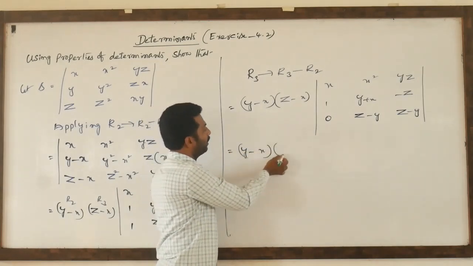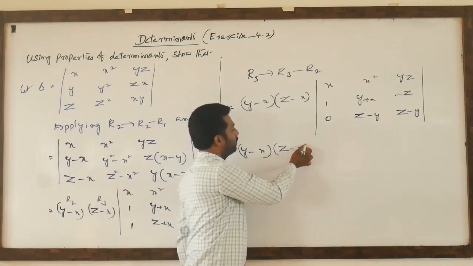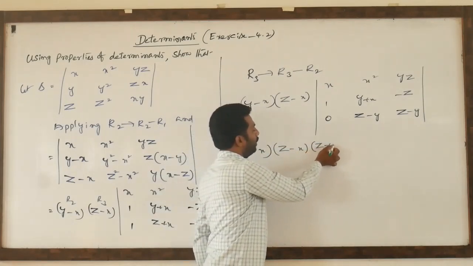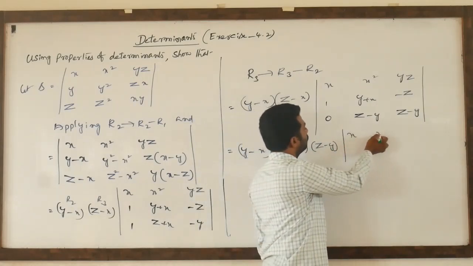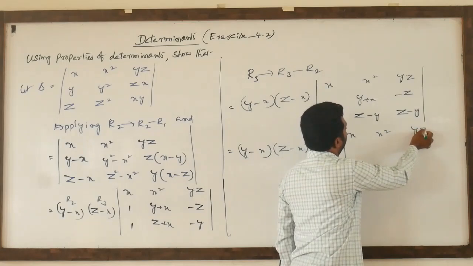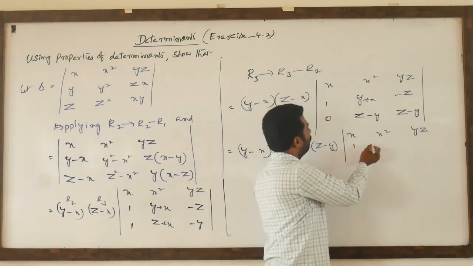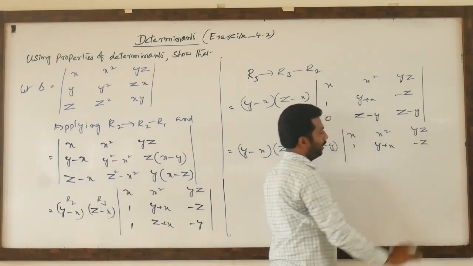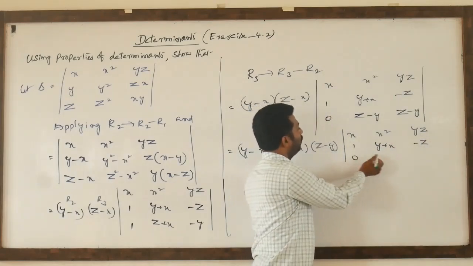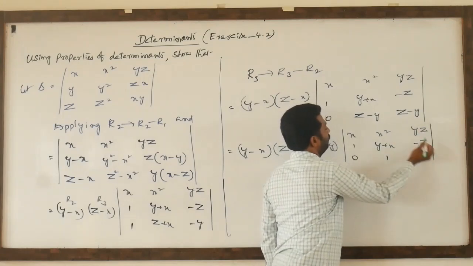So y minus x into z minus x into z minus y, remaining determinant you observe. This is x square, yz. This is 1, y plus x, minus z. This is 0, 1, 1.